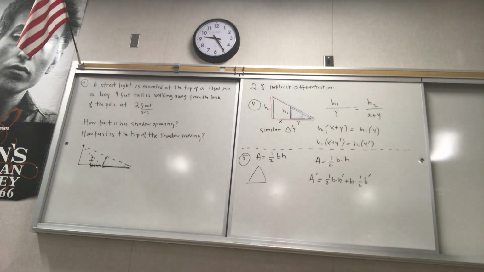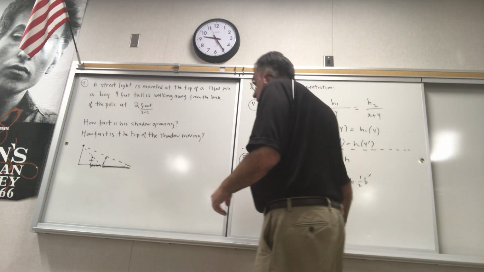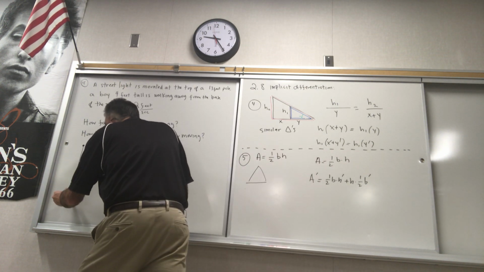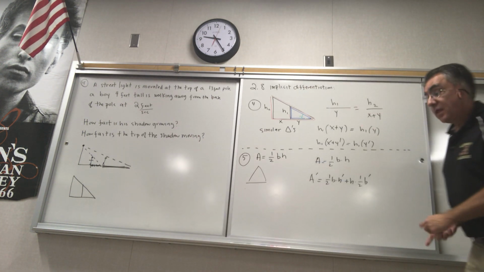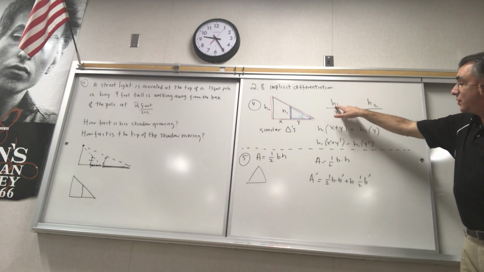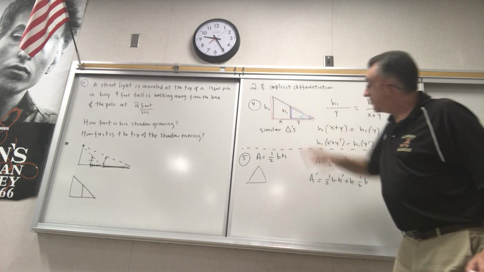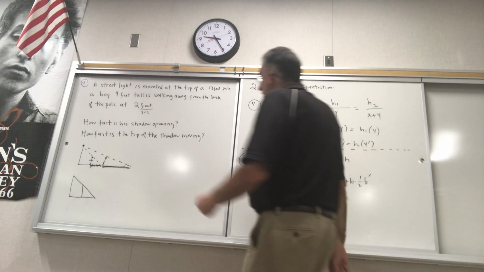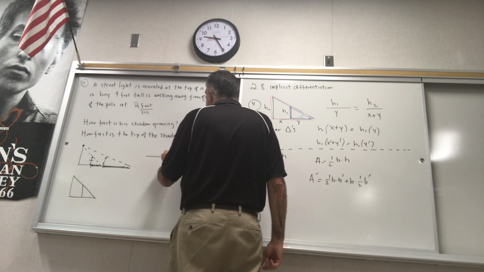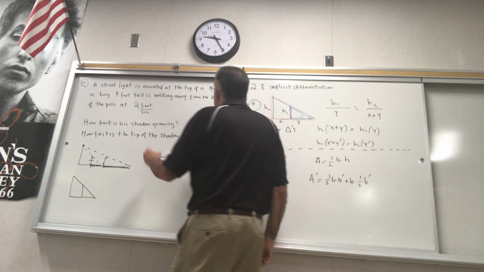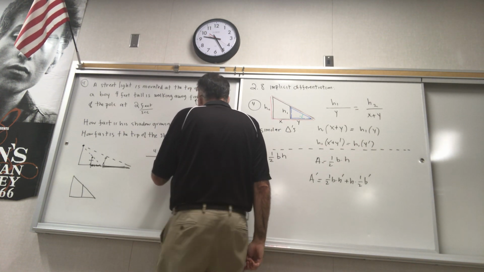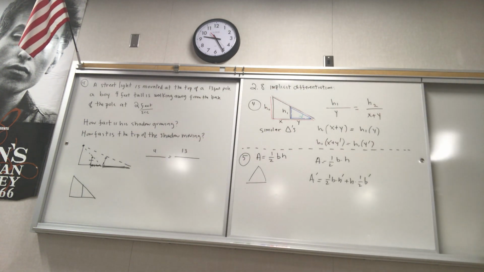So now, what we're going to do is go back to what we already established. Let's look at what we did here. Notice I told you before that we're going to give you the height of the boy and the height of the light. So when I go to use the formula here, I know the height of the boy is 4 and the height of the light in the air is 13.